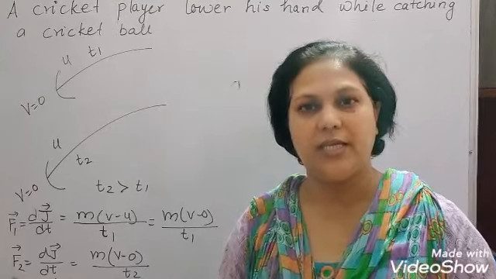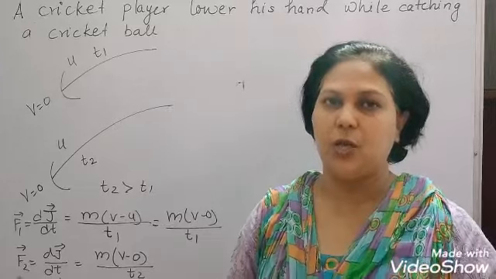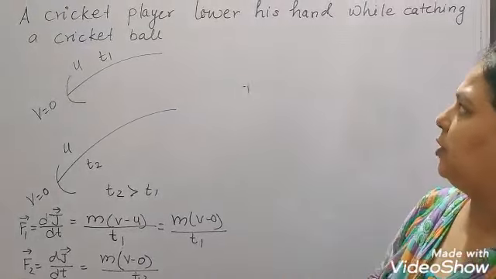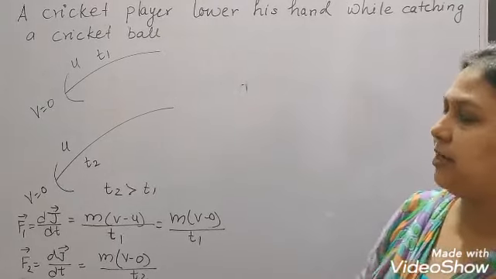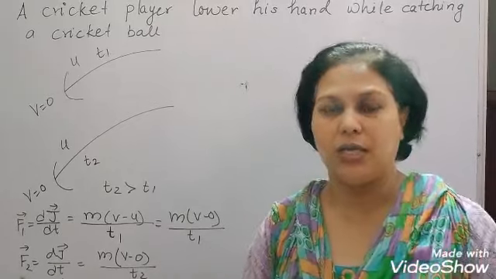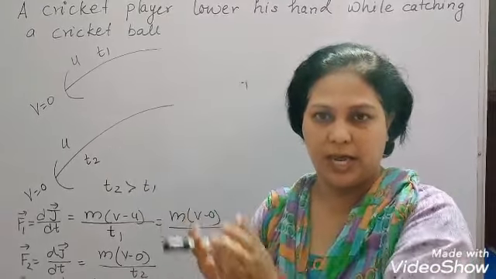Now we will see an application of Newton's second law of motion. For this, we'll see an example here. A cricket player lowers his hand while catching a cricket ball. Whenever he is catching a ball, the cricketer lowers his hand like this.